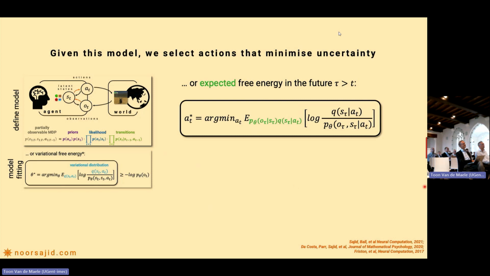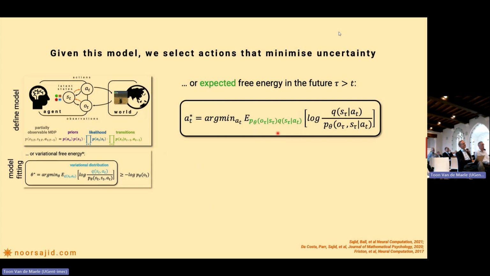For action selection, we then take this model and use it to do some sort of planning, trying to decide what to do next. For that, we are hoping to minimize the expected free energy in the future. The way it's generally derived in the literature is by supplementing the expectation under the approximate posterior with the likelihood that we have here.